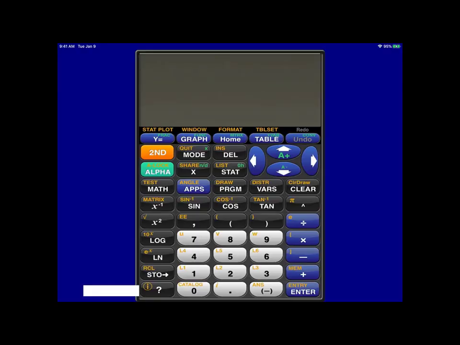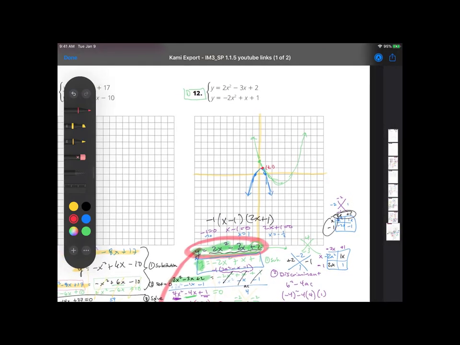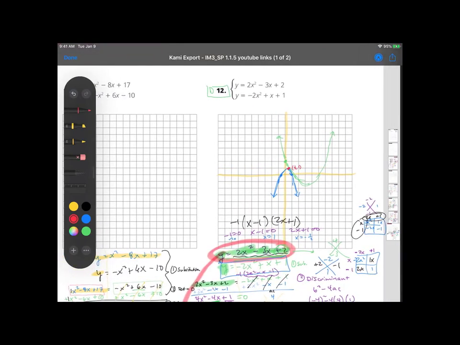Something went wrong. Let's double check. Negative 2x squared, negative 3x plus 2, negative 2x squared plus x plus 1.